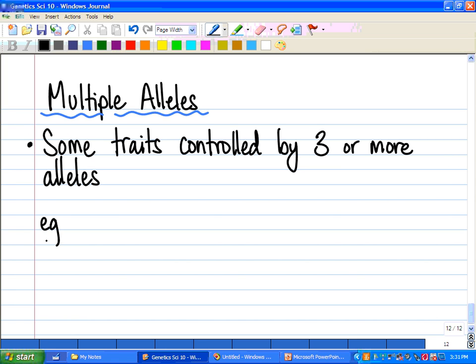So for example, in humans, I want to talk about blood types. Some of you maybe have heard about the blood types before. Some of you maybe haven't, so this might be new. But in humans, for blood types, there are 3 alleles.